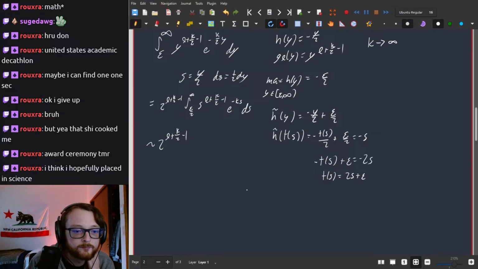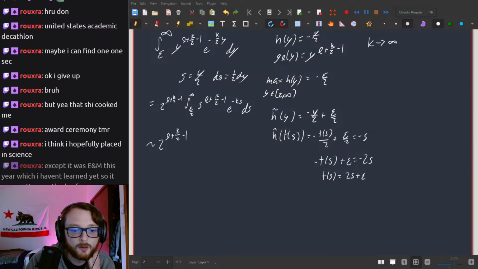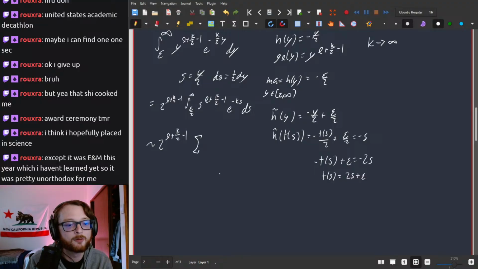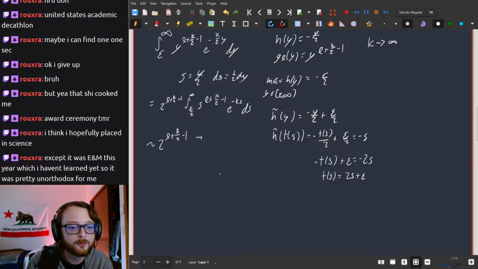It was E and M this year, which you haven't learned yet, so it's pretty rough. E and M, I really love E and M, but it's a tricky one. That's a terrible sigma. It's a lot of unintuitive things to figure out in E and M.